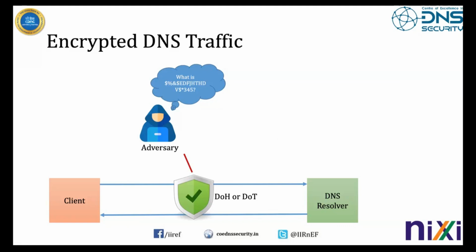HTTPS, you may know, is a web server technology through which we basically access websites. Here also we will set up a web server through which I can send my query and get the response. This is another protocol, DoH. And the next one is DNS over TLS, where we encrypt the DNS query and response using the TLS protocol.